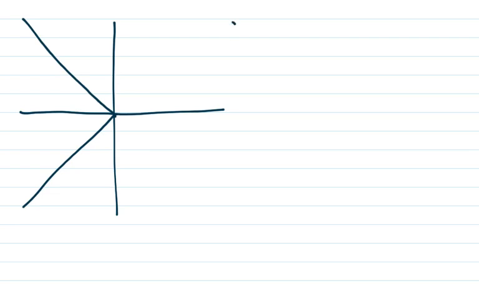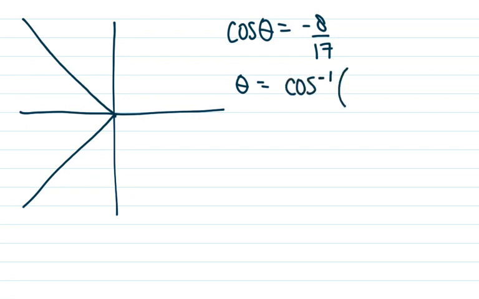All right, so cos theta equals -8/17. So now, when I go to my calculator and I say theta equals cos inverse -8/17 and punch that in, cos inverse bracket -8 divided by 17 equals 118.1 degrees.